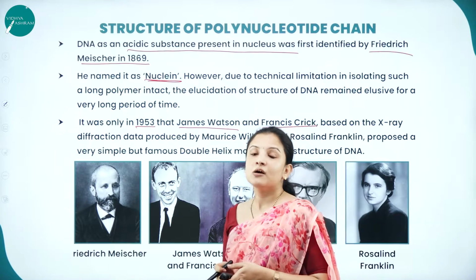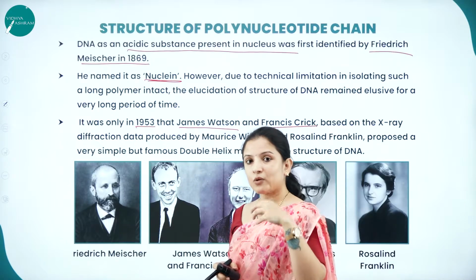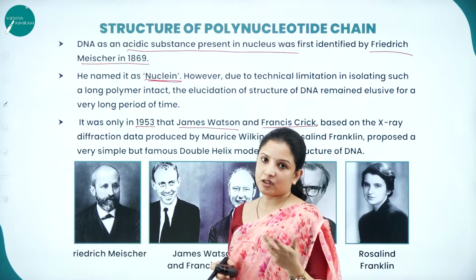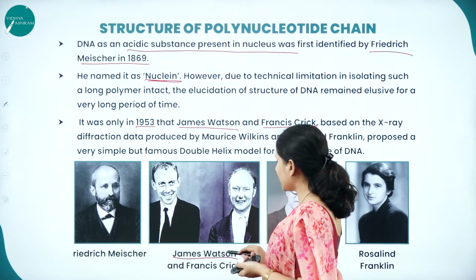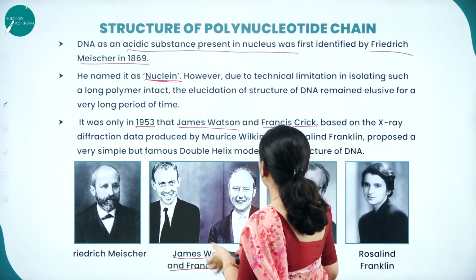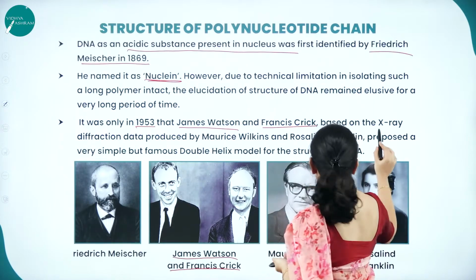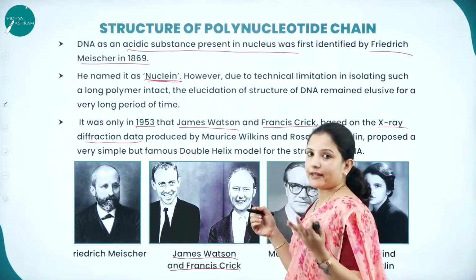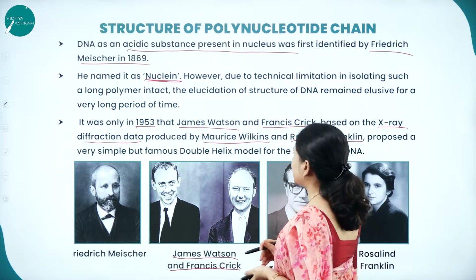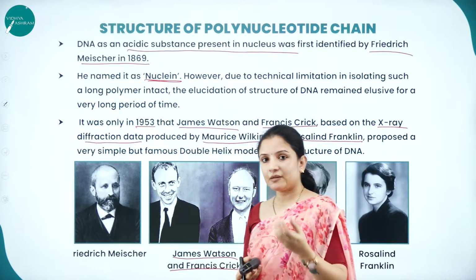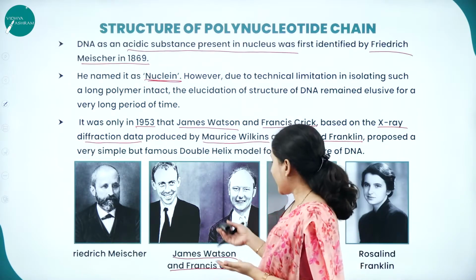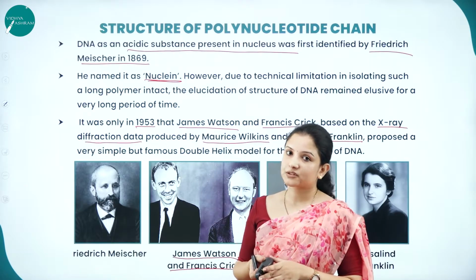That is why it is called the Watson and Crick model of DNA, because they were the ones who put forward the structure of the DNA, since microscopes had developed by then. They did so based on the X-ray diffraction data obtained by Maurice Wilkins and Rosalind Franklin. These two developed this X-ray diffraction data, and using it, Watson and Crick were able to find out the proper structure of the DNA.